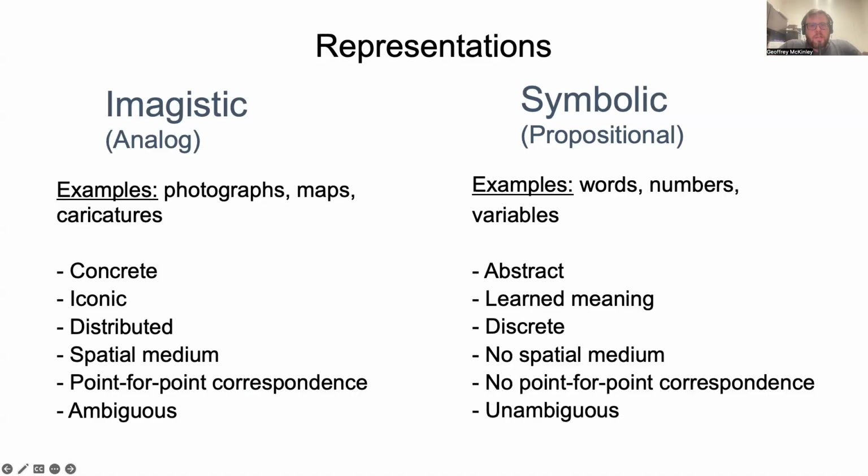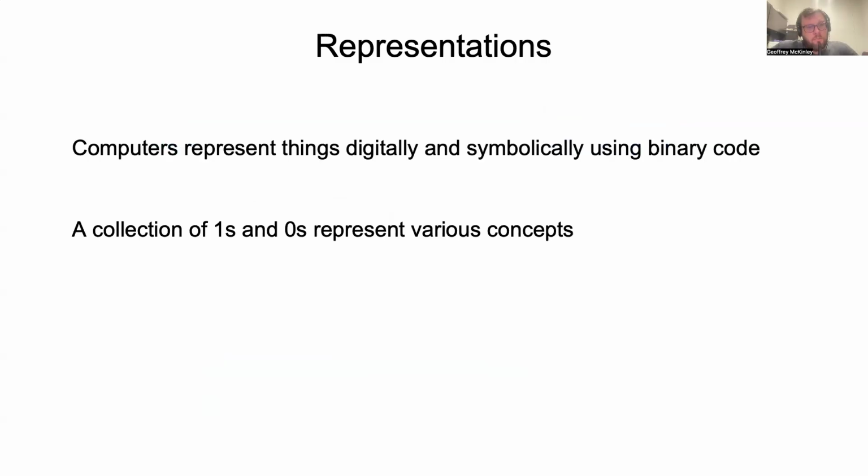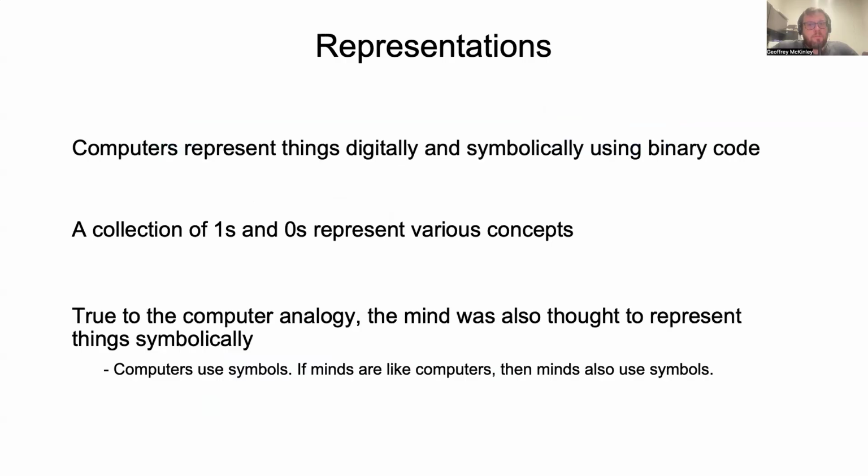Let's see. Computers. Computers represent things digitally and symbolically using binary code, right? So with a collection of ones and zeros to represent various concepts. And true to the computer analogy, the mind was also thought to represent things in a symbolic way. So the idea is, well, computers use symbols. If minds are like computers, then minds also use symbols.